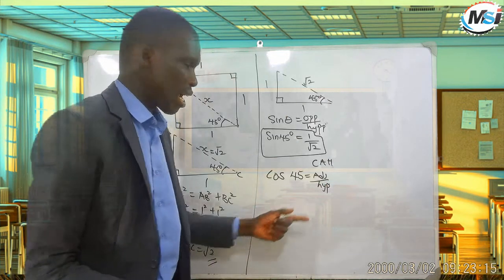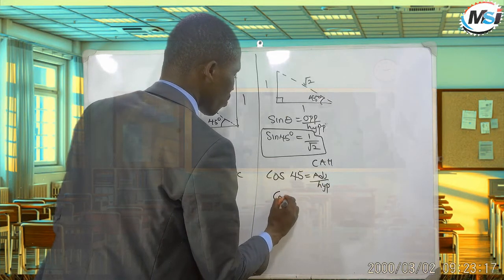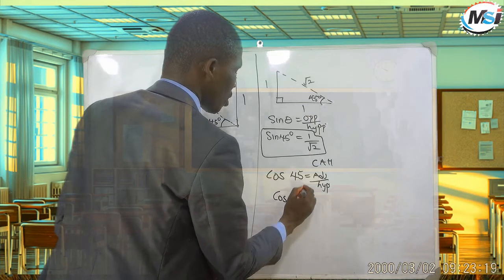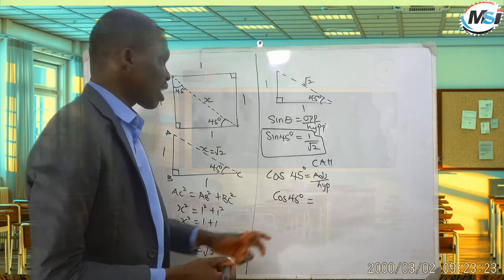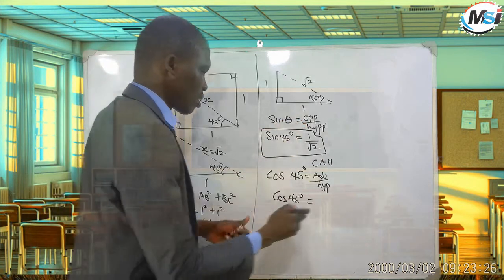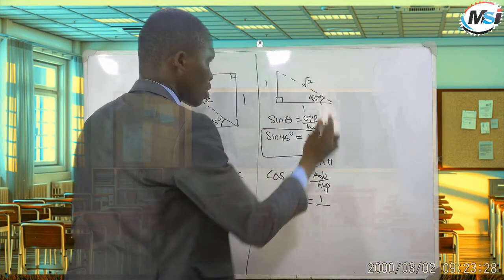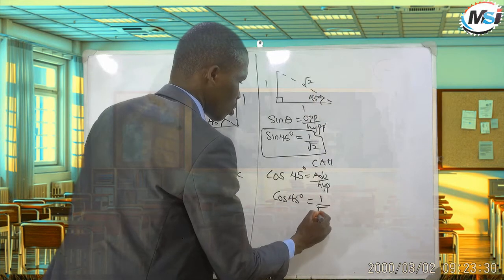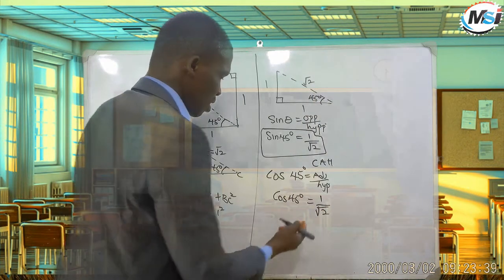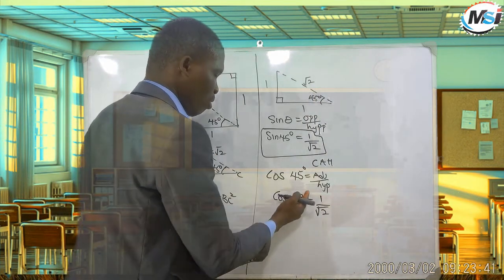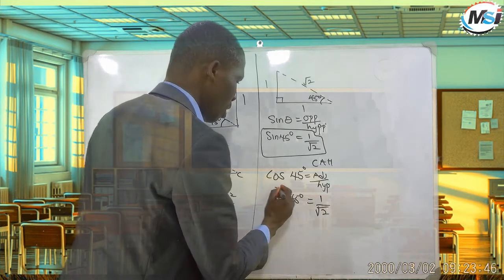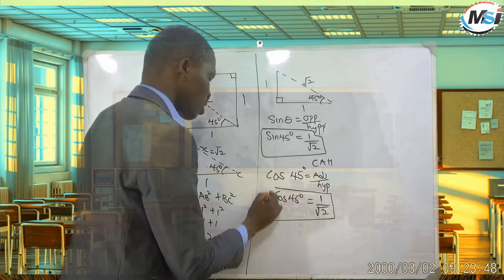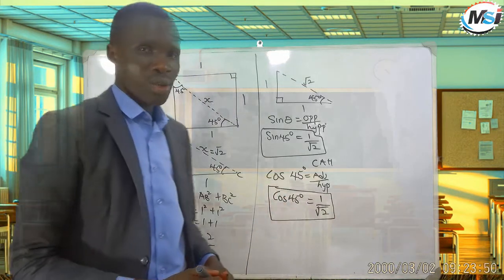So cos 45 degree will give us, from here you can see that our adjacent is 1 and hypotenuse is root 2. That is, cos 45 will give you 1 over root 2. So take note of this. We are going to make use of this while solving the question.